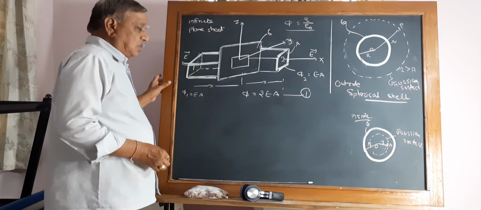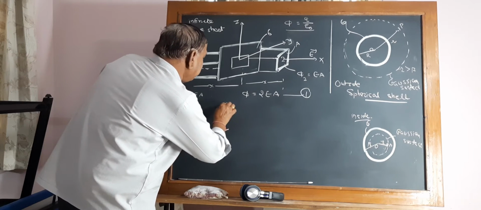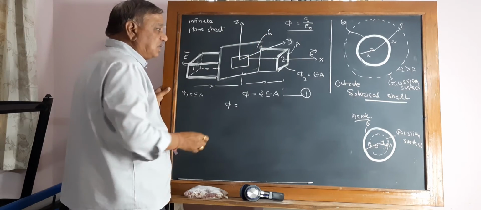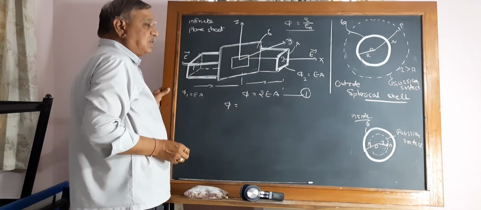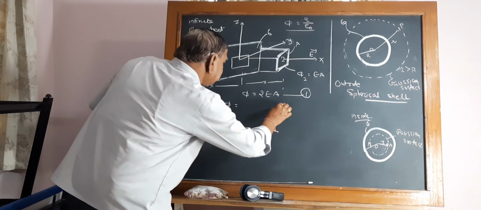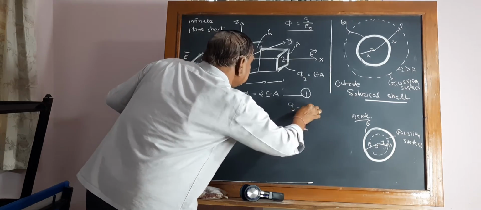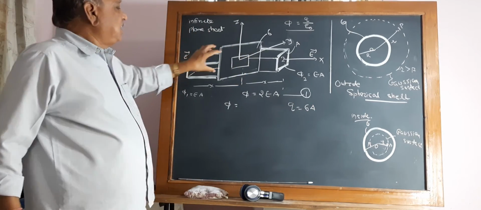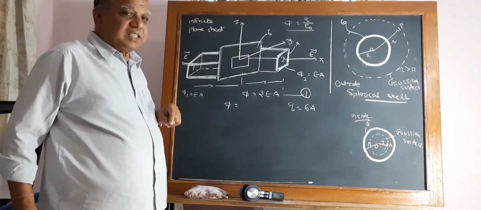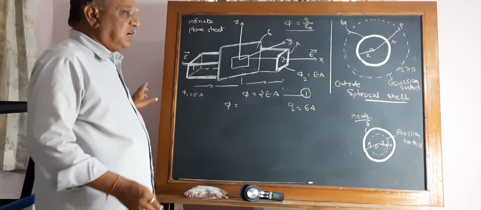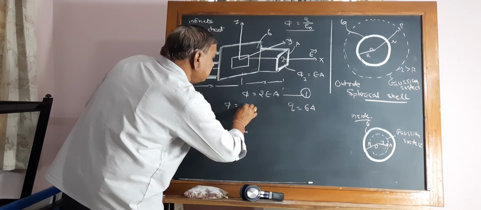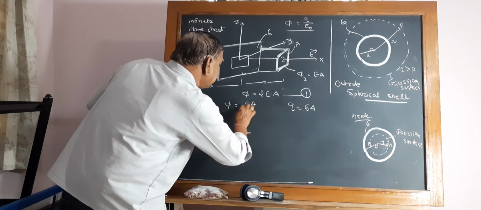Now, according to Gauss's law, the charge enclosed in the Gaussian surface is sigma A. Q will be sigma A, where A is the area and sigma is the charge density. So the flux linked with the surface is given by Q by epsilon, means sigma A by epsilon.